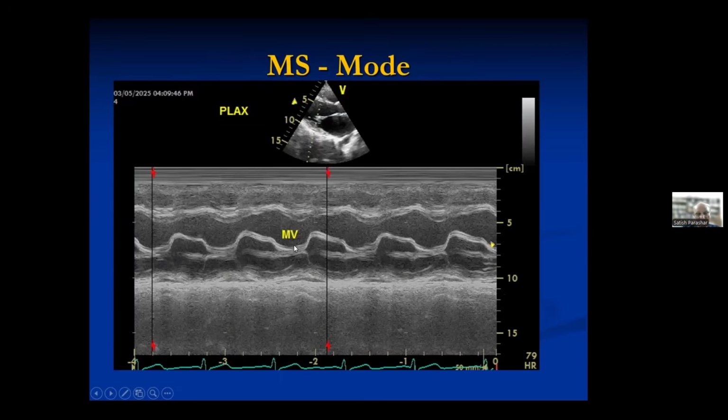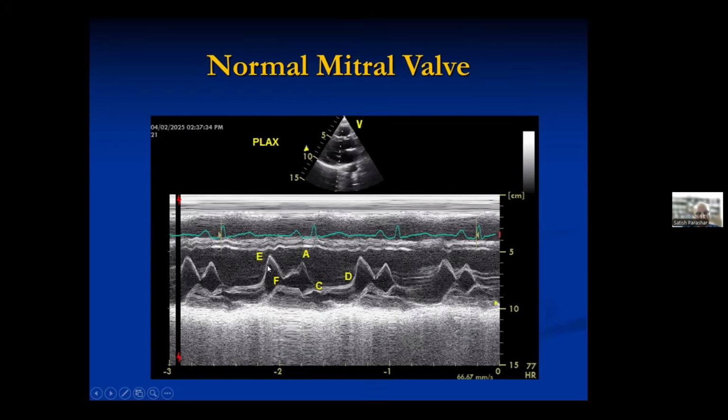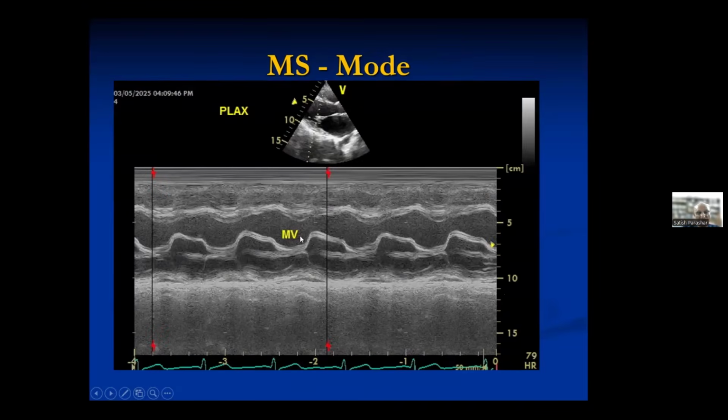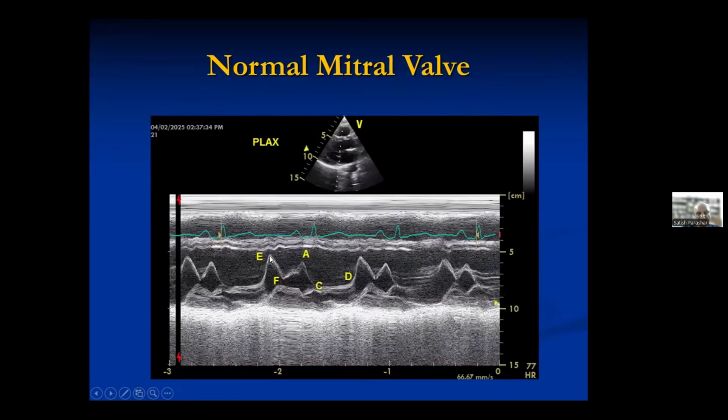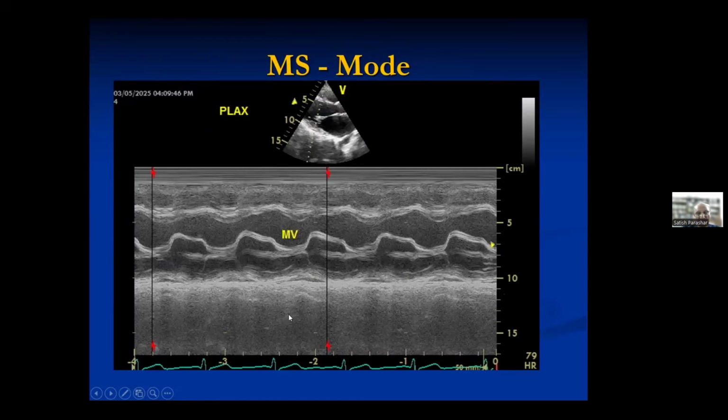Here the opening amplitude is good and here it is poor, but that can be due to many other reasons. This is the posterior cusp, which should move posteriorly. The A wave of the AML moves anteriorly and the A wave of the PML moves posteriorly, but here they move in the same direction. This is known as the paradoxical motion of the posterior cusp. Okay, thank you, sir.